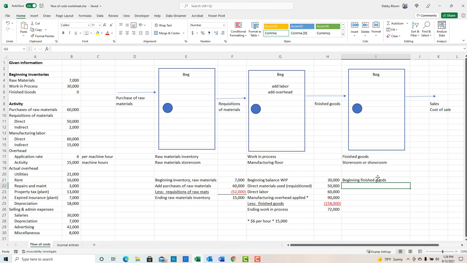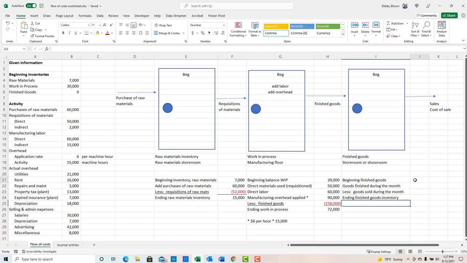Then to that, we're going to add our units that have been finished. To that, we're going to subtract out our goods that are sold during the month. And then finally, when we do all that, we're going to come down to ending finished goods inventory.